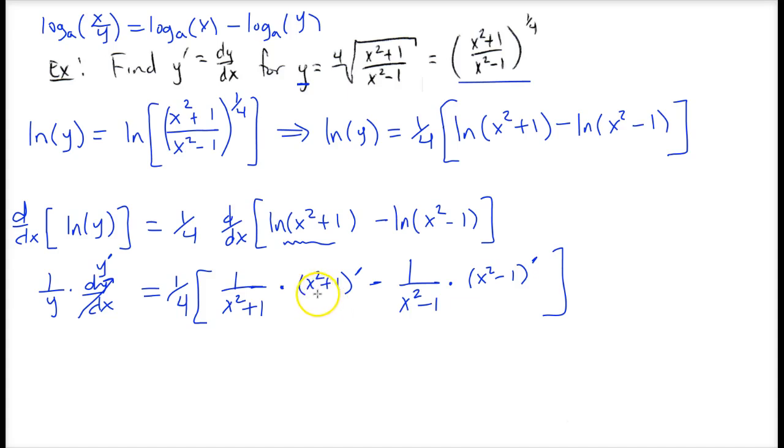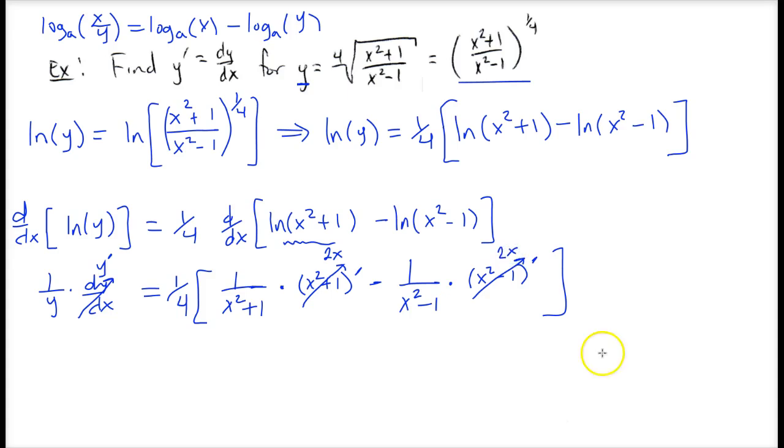And so if we now go back and take what is the derivative of x squared plus 1, we know derivative of x squared is just 2x, derivative of 1 is 0. So here all of this just ends up being 2x. And same deal here with x squared minus 1, the derivative of that is just 2x.